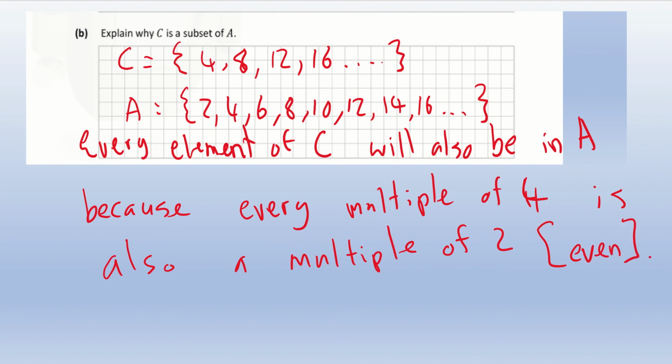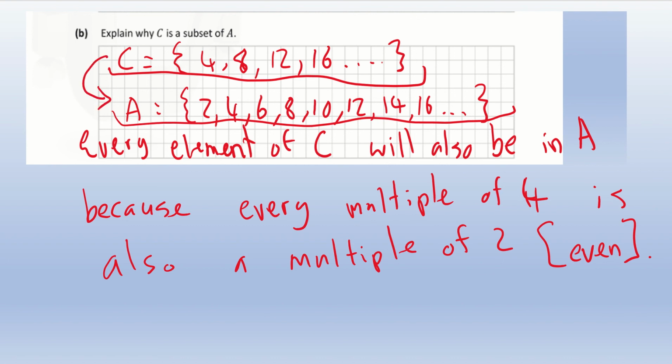I think once I write out your set C and your set A, it's easy to see that all the elements of your set C will also be in A. And because A is all your even numbers, and you will only have even numbers here, which are multiples of 4 in set C. So I've just said that in an English sentence, but you probably could have done that in fewer words as well, as long as you're getting that idea across.